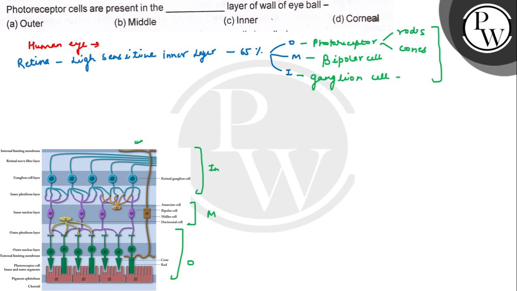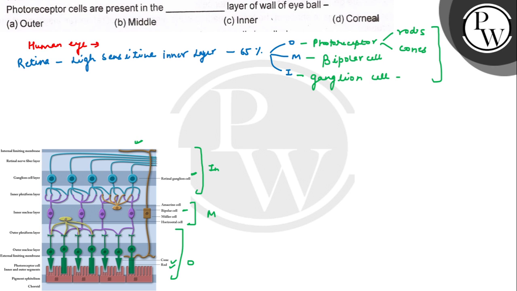Outer region has photoreceptor. Where is the photoreceptor? These are rods and these are cones. Photoreceptors are present in the outermost layer of the eye wall. And the middle one is the bipolar. Bipolar cells are here. And the inner one is the ganglion cell, the retinal ganglion cell layer.